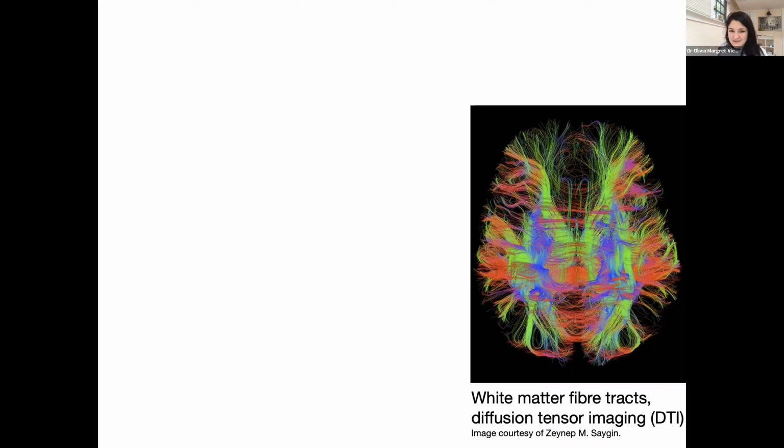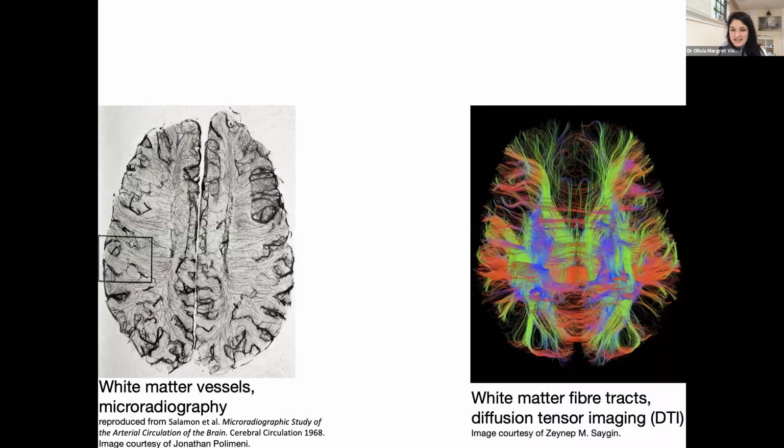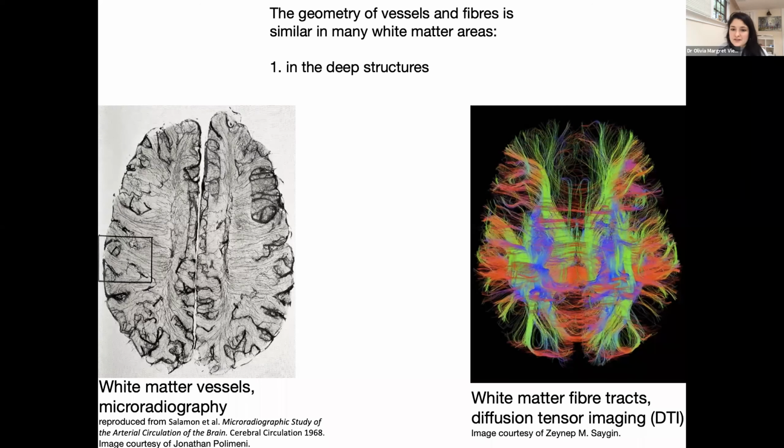And I really like this image because I can put it next to this image, which is a white matter microradiograph. The microradiograph is an X-ray image where the vasculature has been injected with a radio-opaque fluid. And just by eye, we can see that vessels and fiber tracts are strikingly similar in their geometric path through the white matter in three areas.